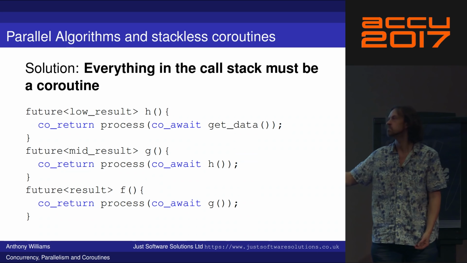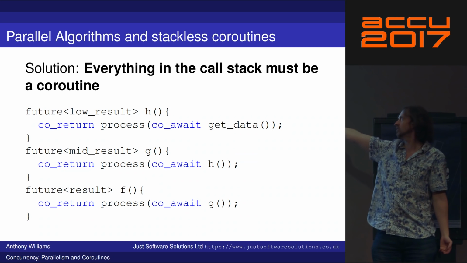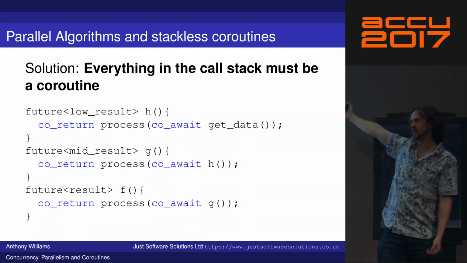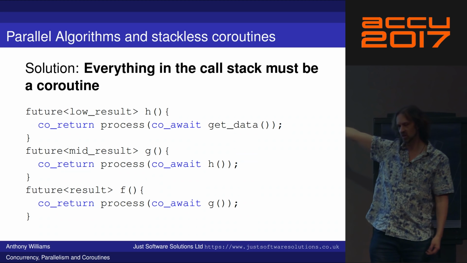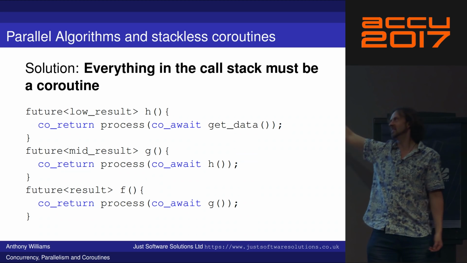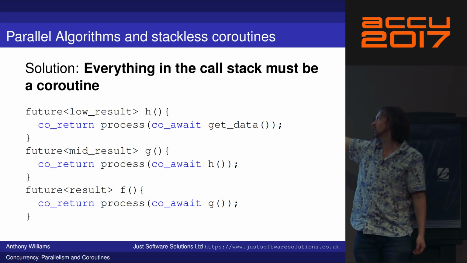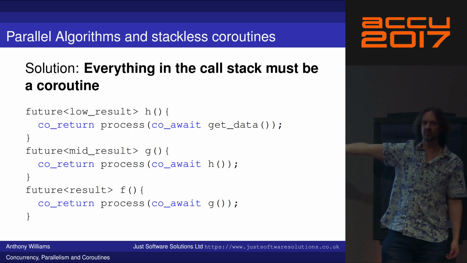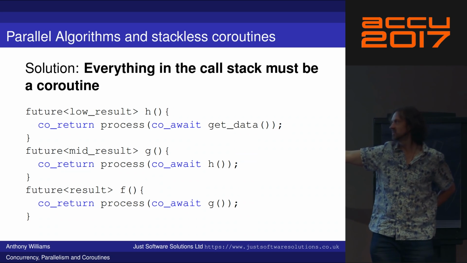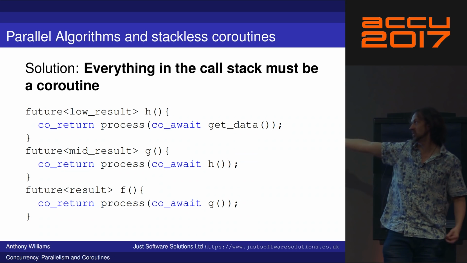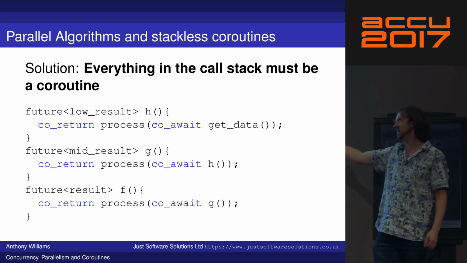So again, we have our low-level h, which co-awaits on some getData function, which we then process and return the result of that as a future. In the next level, g, we call h, and we co-await the result from that, which we can then process and get the mid-level result, and then so on.